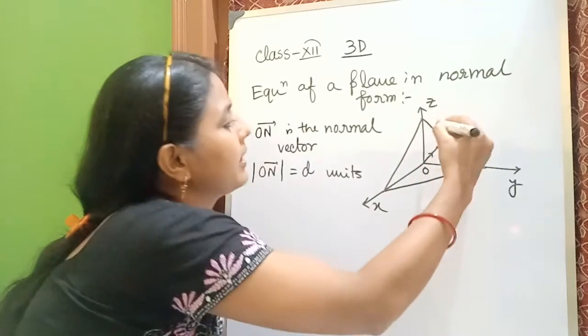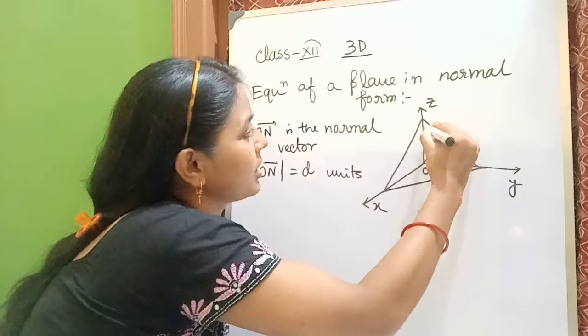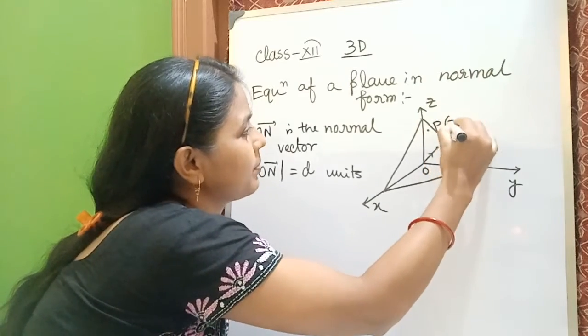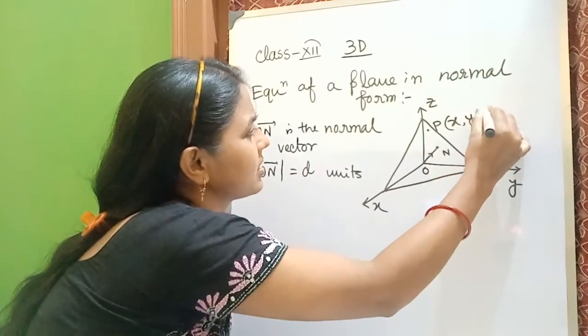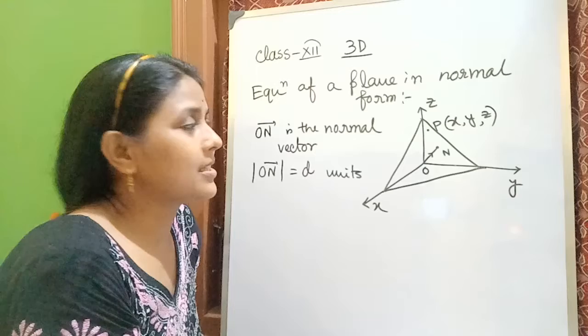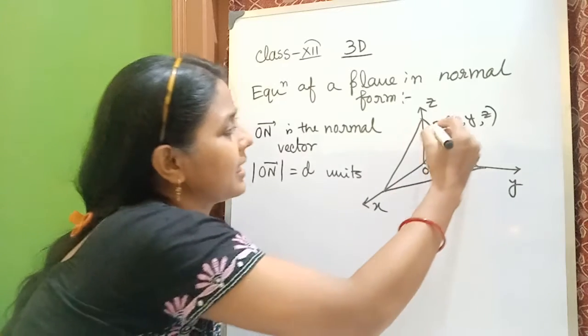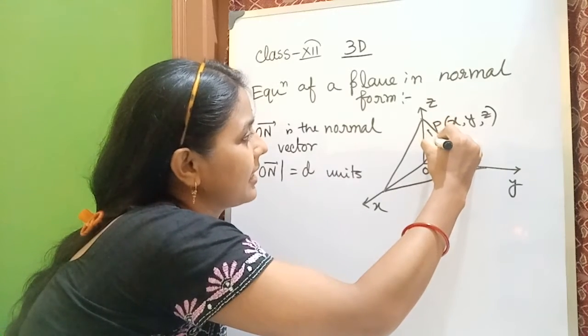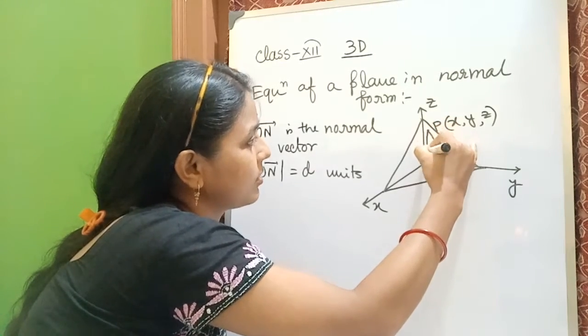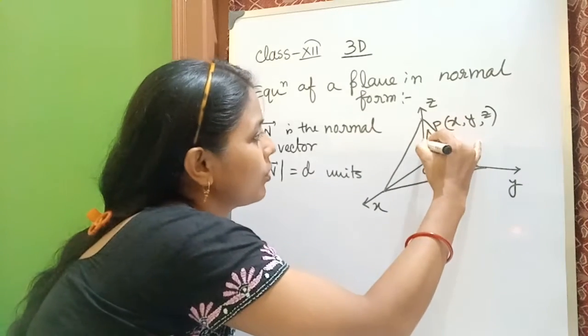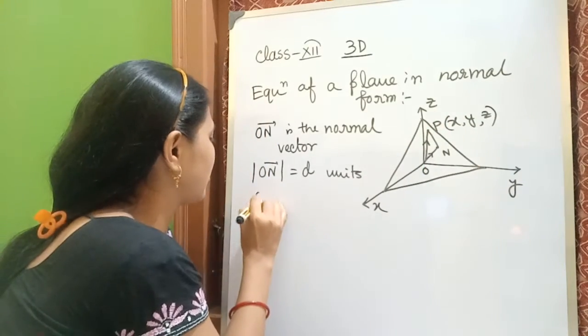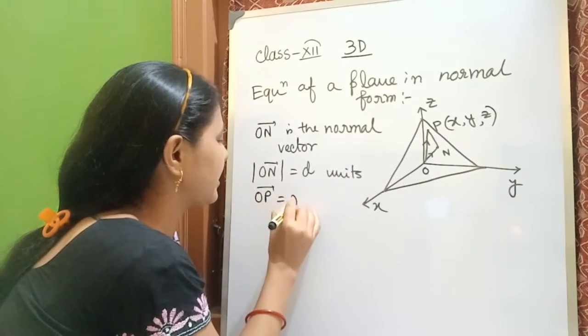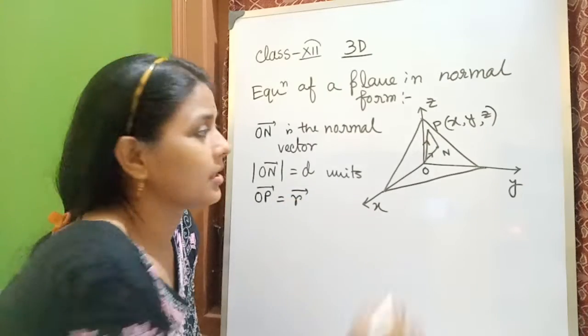How? We will take a general point P on it, with coordinates x, y, z. Then we will add NP and OP. We take the OP vector as r vector.